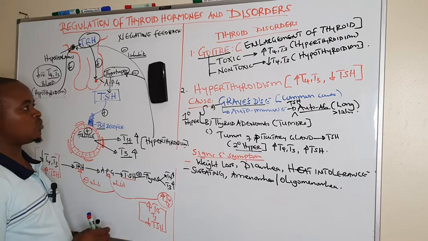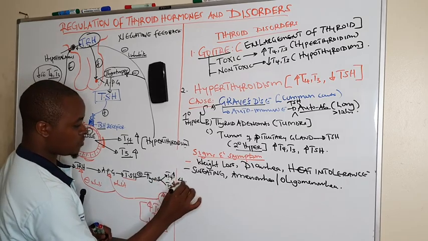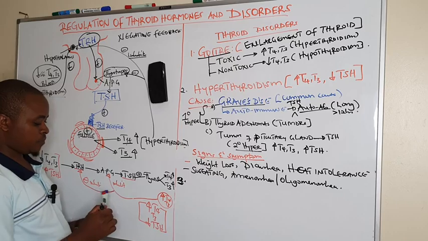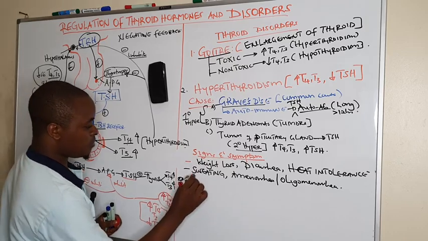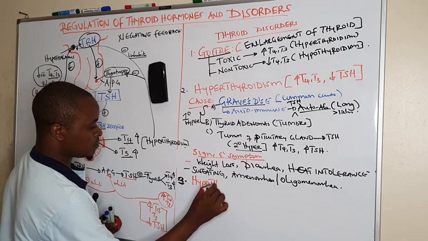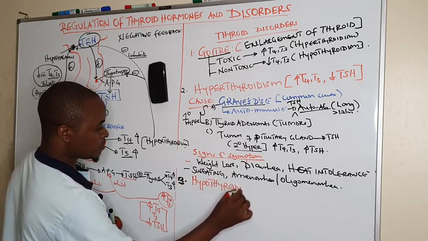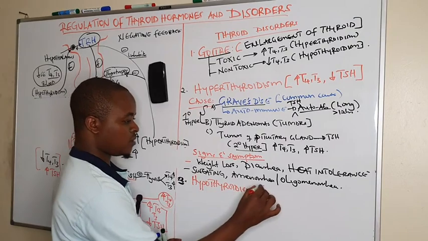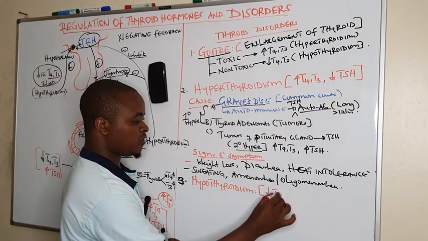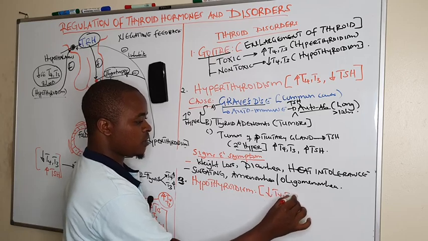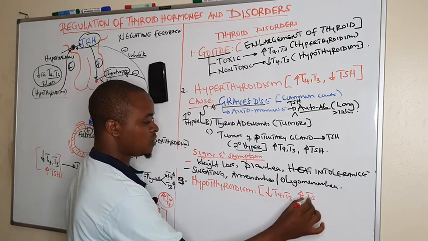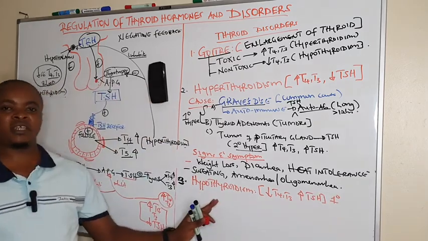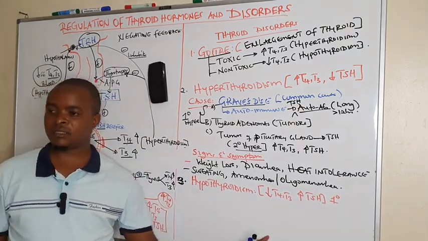So after looking at this, we can look at the last one, which is hypothyroidism. And hypothyroidism is low levels of T4, T3, accompanied with high levels of TSH if the cause is primary, if the defect is the thyroid gland.